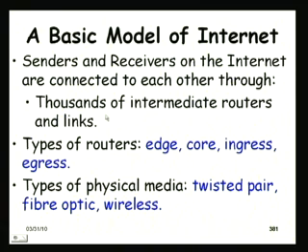And if we try to classify these different types of routers, we will see that there are 3 main types of routers: the edge routers, the core routers, the ingress and the egress routers.